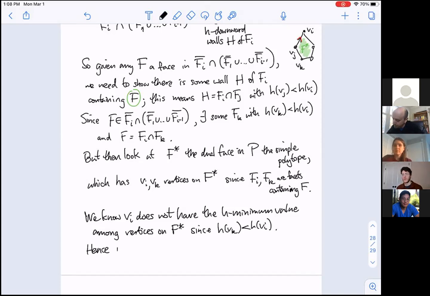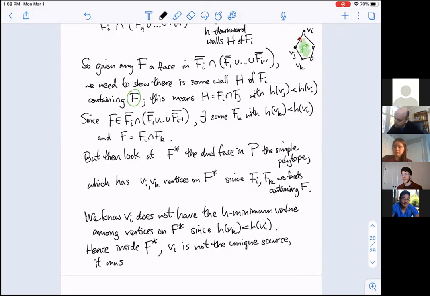Hence, inside F star, Vi is not the unique source.